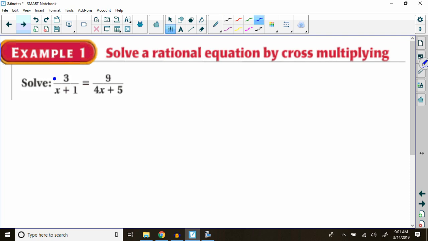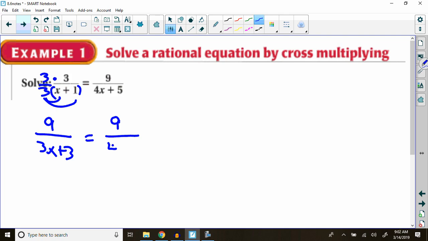If we multiply this by 3 over 3, we end up with 9 over, now we have to use the distributive property. Don't forget all your sound mathematical rules. 3 times x is 3x, and 3 times the 1 is plus 3. So we have 9 over 3x plus 3 equals 9 over 4x plus 5. Now our numerators are identical, aren't they? That's awesome.